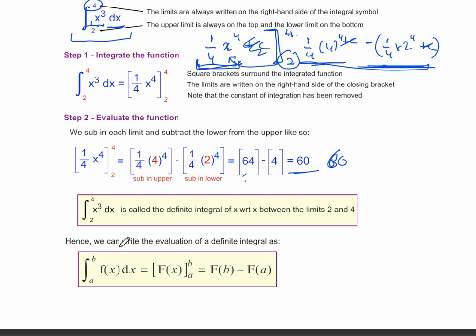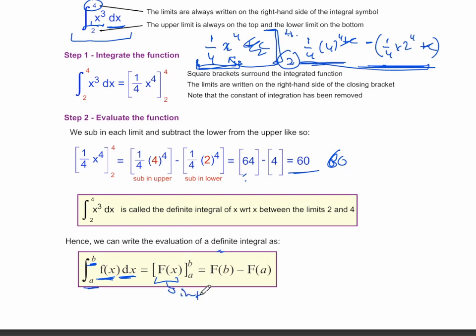And finally, we can write the evaluation of a definite integral as this right here. So, suppose we are taking the integral of a function f of x with respect to x from the lower limit of a to the upper limit of b. Then that will equal to, let's assume the capital F of x is the integral.